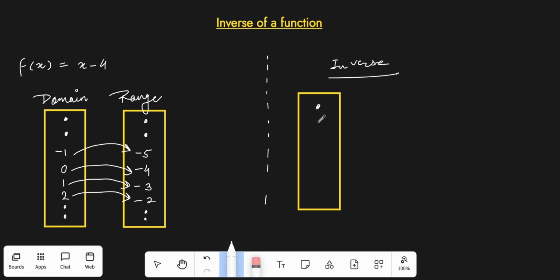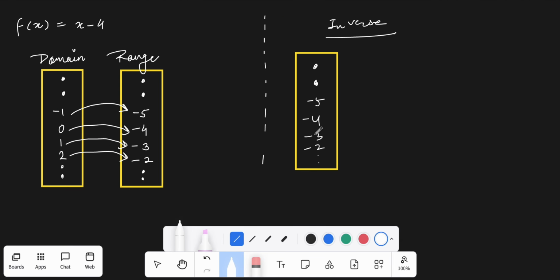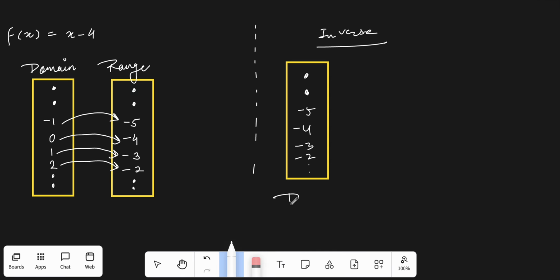So -5, -4, -3, -2, and so on. So this is our new domain. Let me write it over here. Now the range of this inverse function is going to be the domain of our original function.